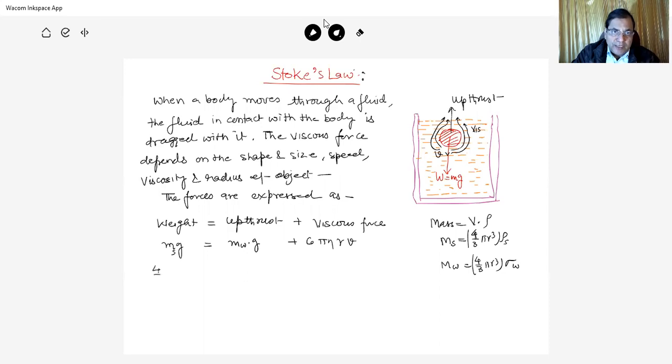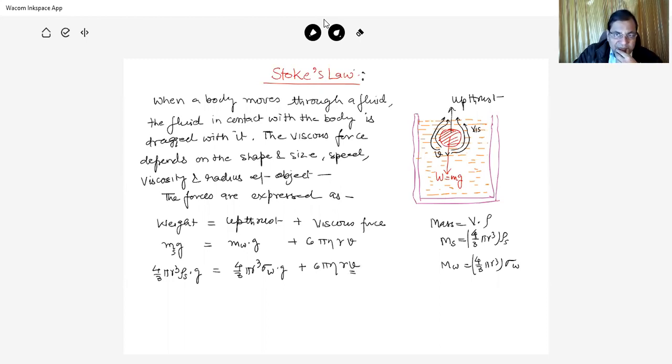Then it is 4 by 3 pi r cube rho s into g is the weight, equal to 4 by 3 pi r cube sigma w into g plus 6 pi eta r v.